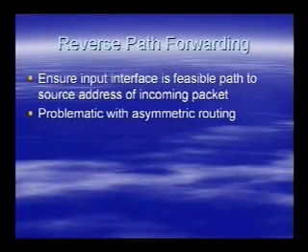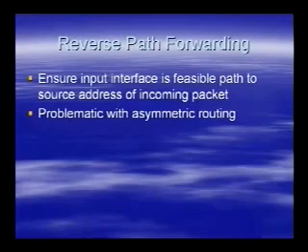Reverse path forwarding. Those of you that have attended Barry Green's presentation, he talks a lot about black hole filtering and reverse path forwarding, which is a really good way to try and ensure whether or not a packet that's coming in to an interface has a source address that is reachable from that interface. So it's a sanity check.